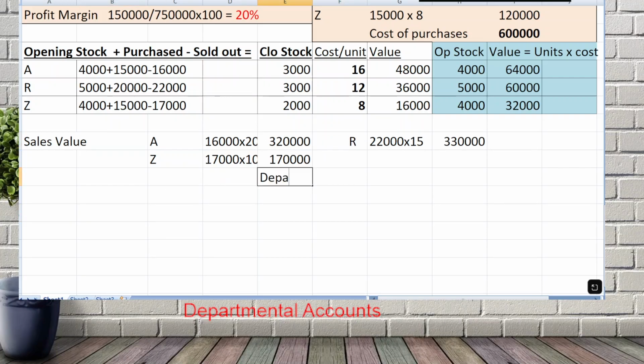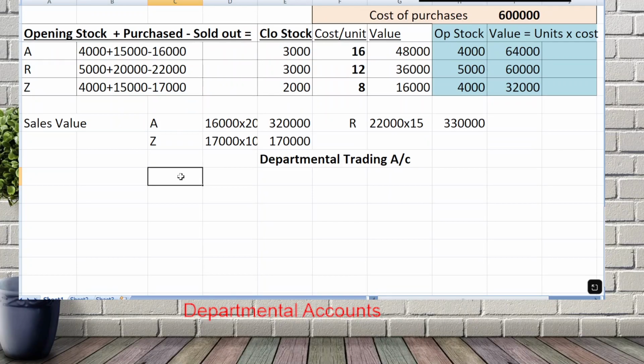Now we can prepare departmental trading account. To opening stock, we worked out the value.